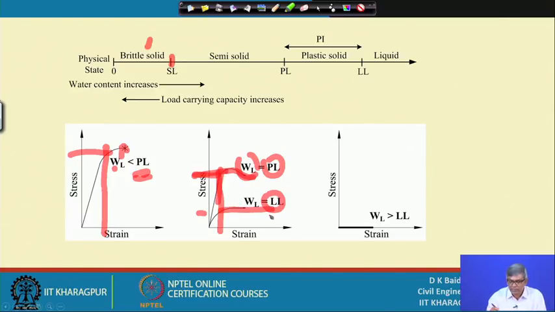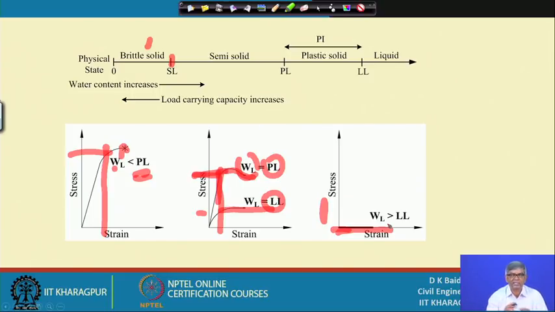Similarly, if the water content is equal to the liquid limit, then it is like liquid only, and if I apply force, it will not be able to take any force. Because of that, you can see there is no stress here, that means without any increase in stress, the straining will be very high. So, it will not be able to take any load.